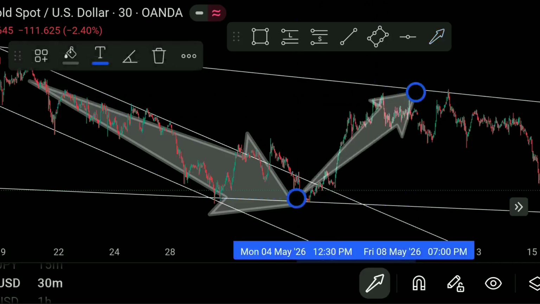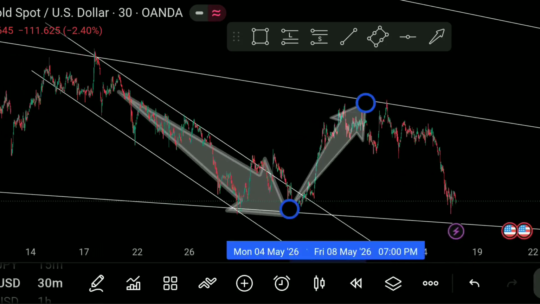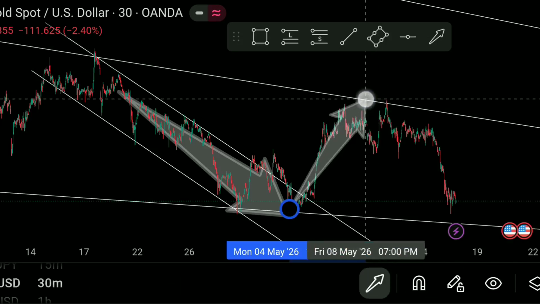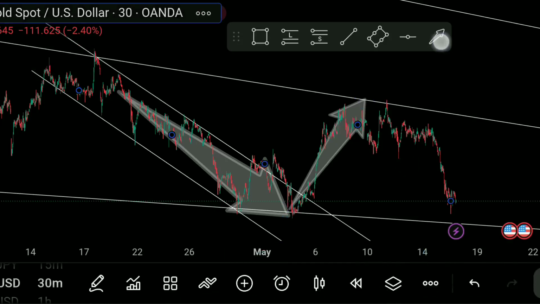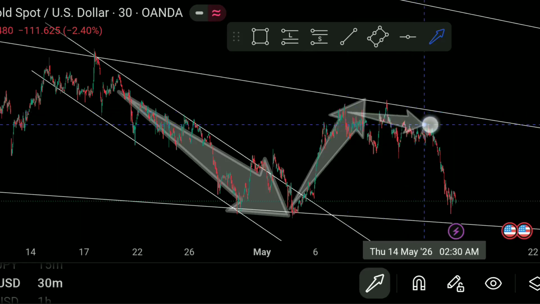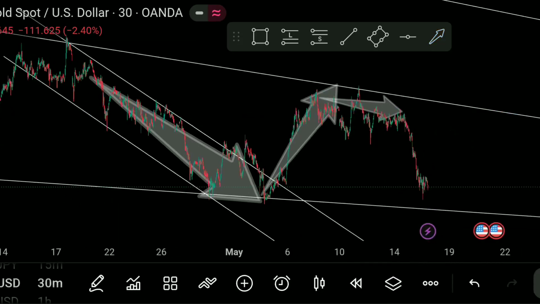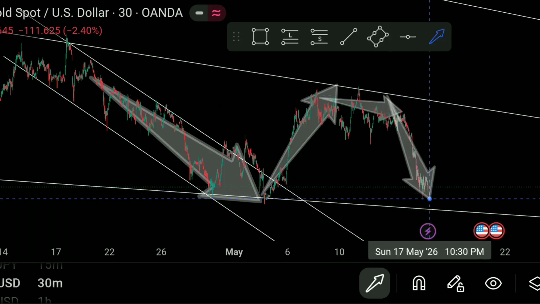Then came and touched. I see what happened. Suddenly it went up, came and touched this 1 hour trend line. So it touched the 1 hour trend line, and what happened? It formed a range. As it touched that 1 hour time frame, it formed a range. It wasn't going up, it wasn't going down. Then it now went down.